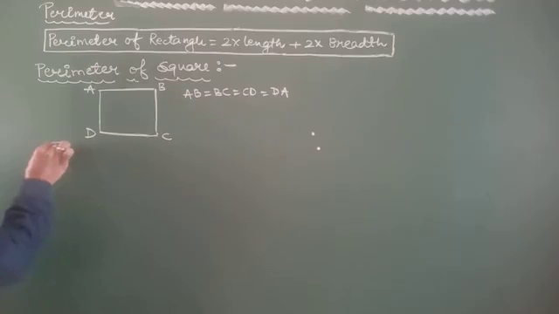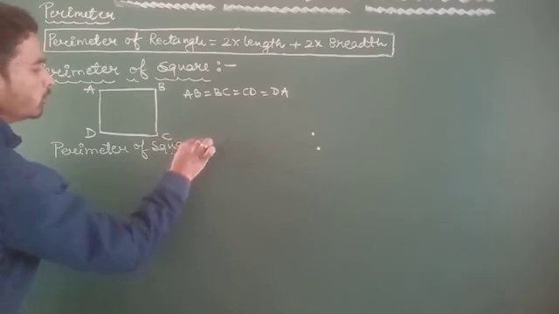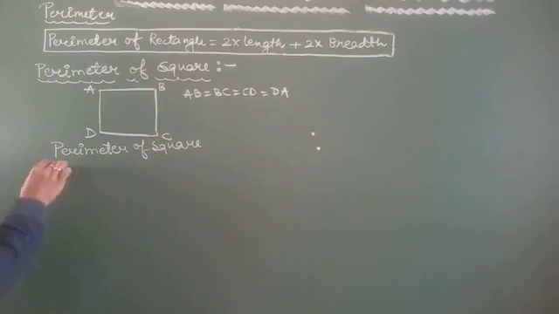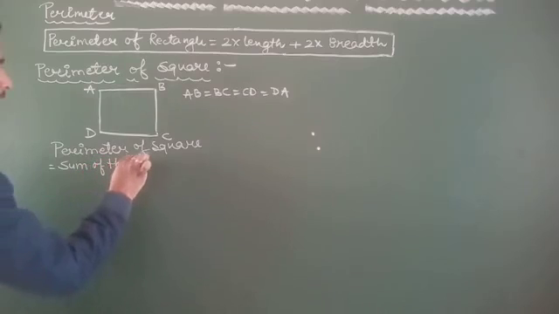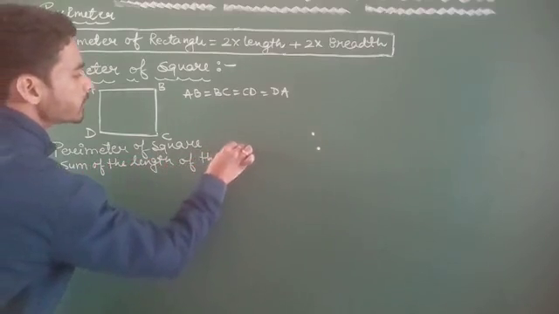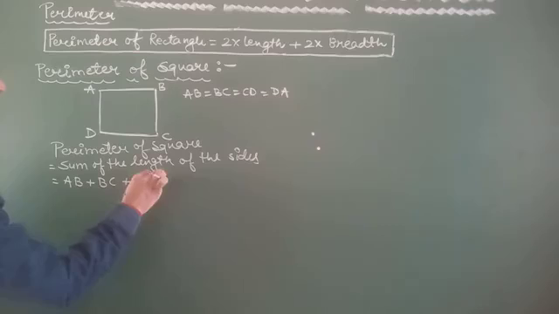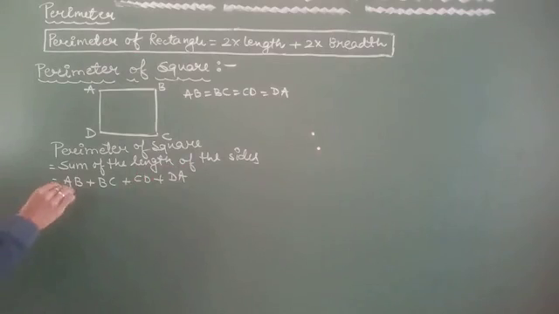So the perimeter of the square is equal to the sum of the length of the sides. So AB plus BC plus CD plus DA, and since all sides are equal, we can write AB plus AB plus AB plus AB.